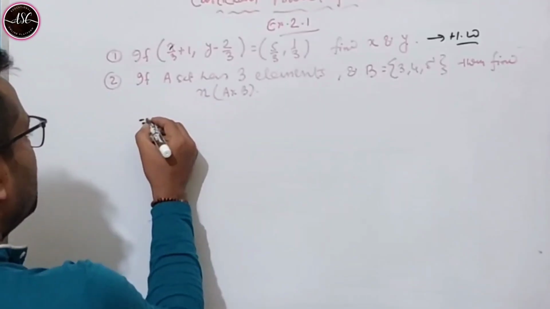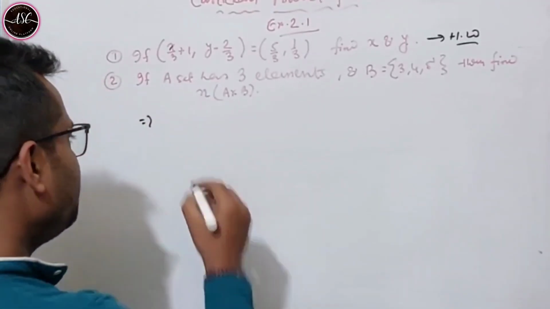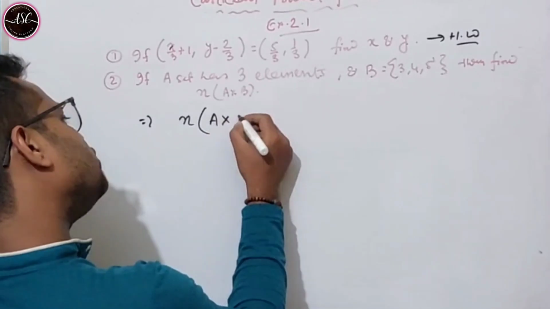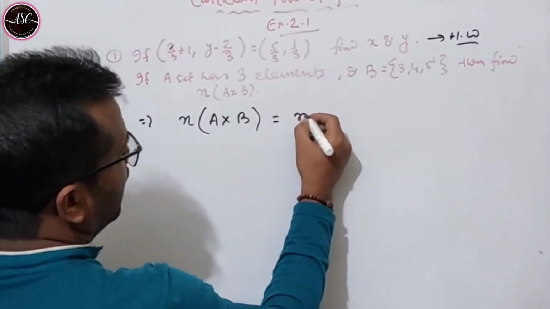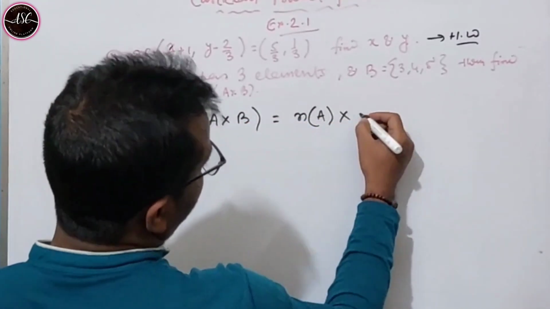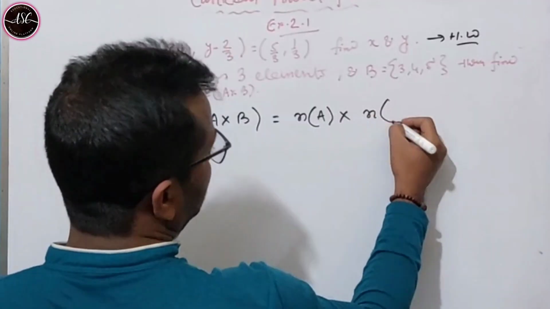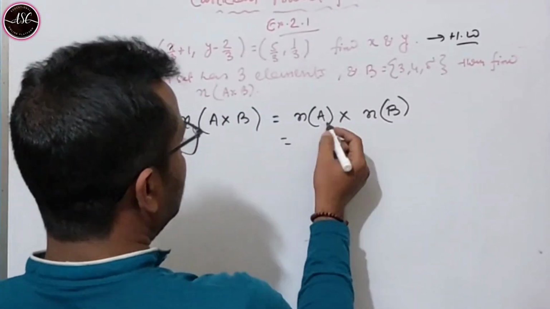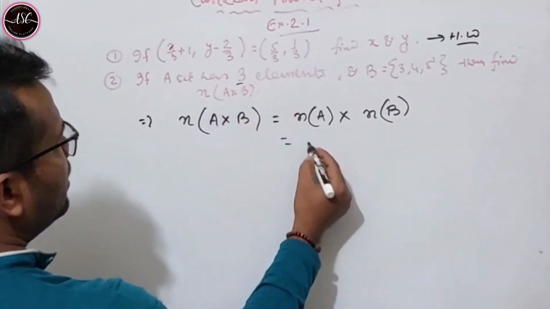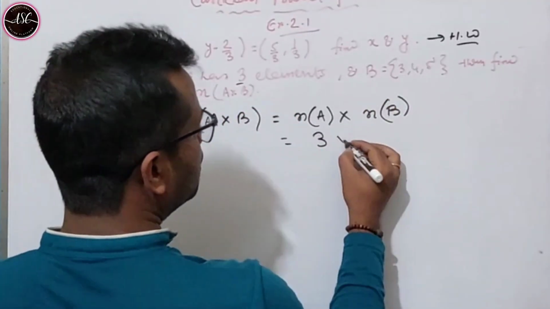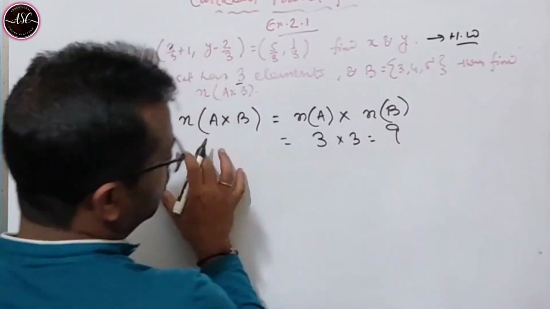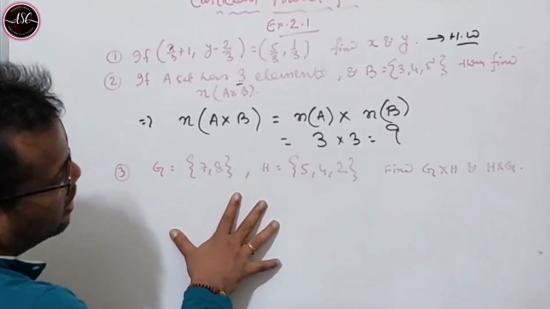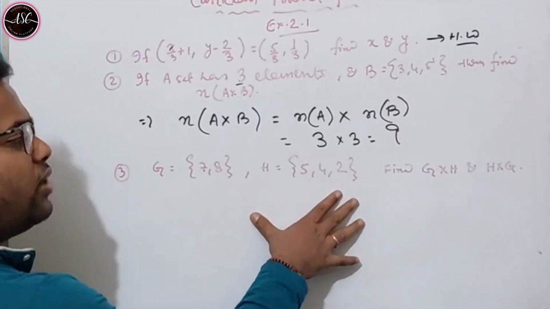We have seen there is a theorem: the number of elements of A cross B is equal to the product of the number of elements of A and the number of elements of B. Here A has 3 elements and B also has 3, so the number of elements of A cross B will be 9. Okay, look at this question: G equal to {7, 8} and H equal to {5, 4, 2}.